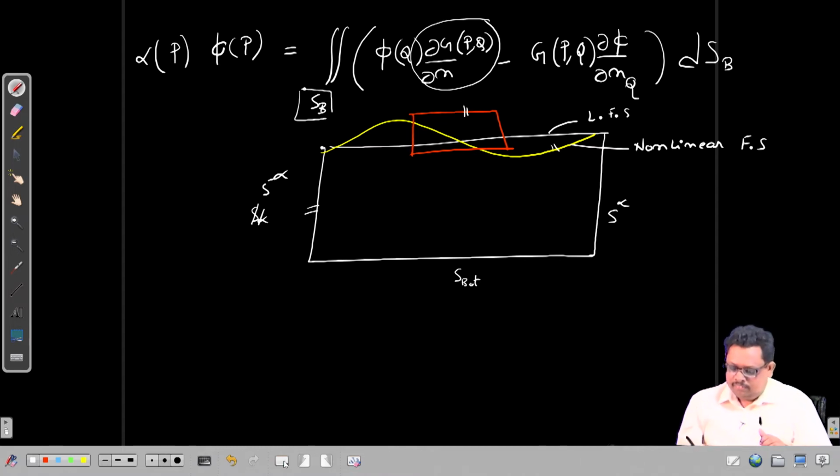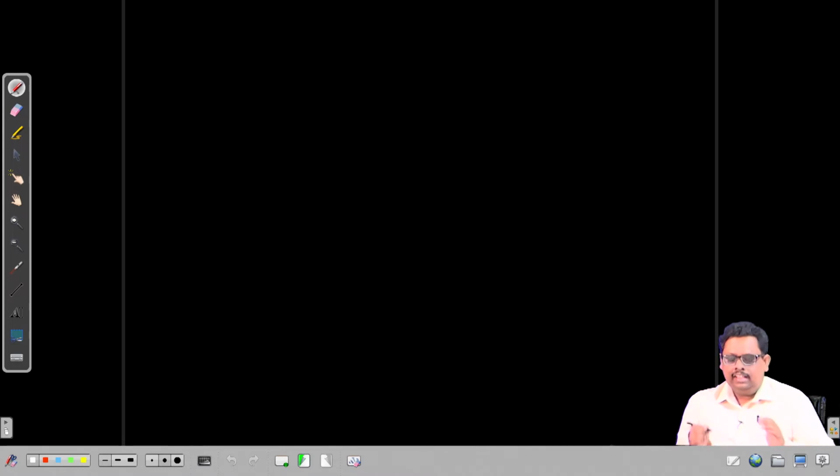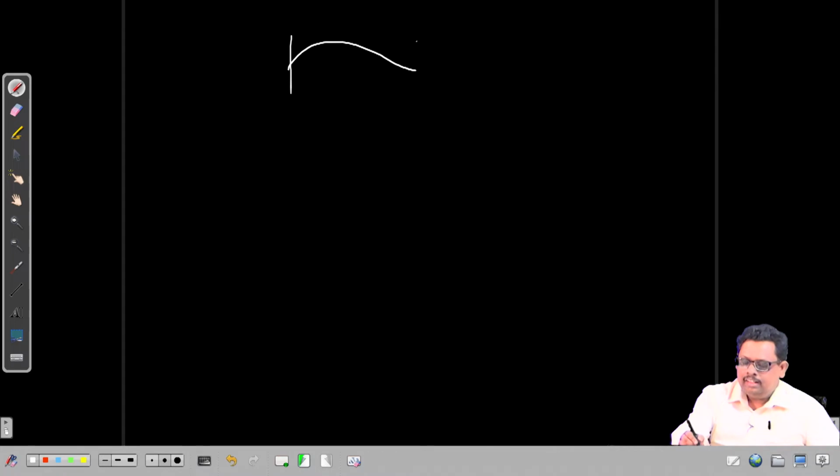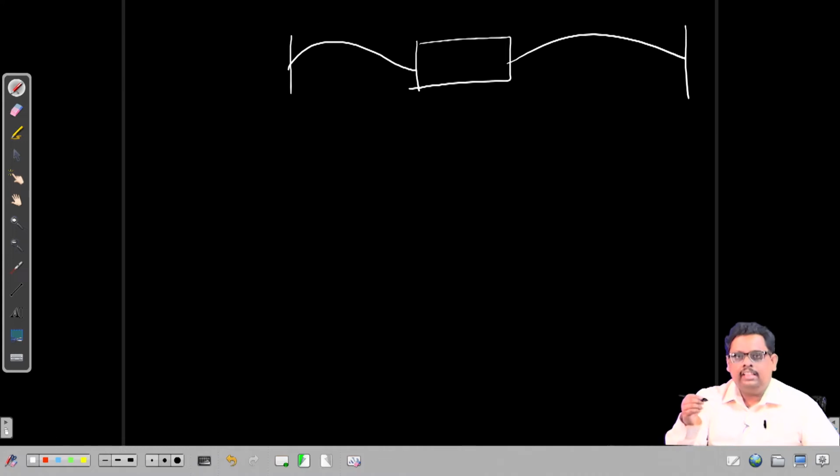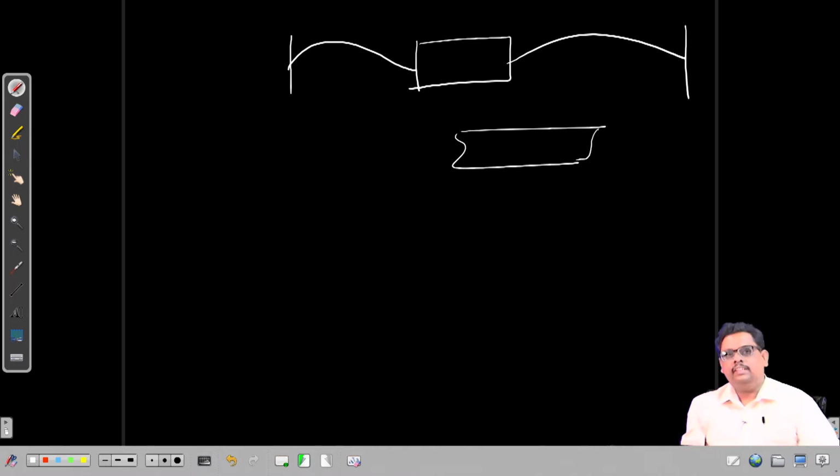So, finally we either need to model the free surface and the body, or only the body without the free surface. When I talked about this S B, we are trying to say that we need to discretize either this whole thing or just this one.